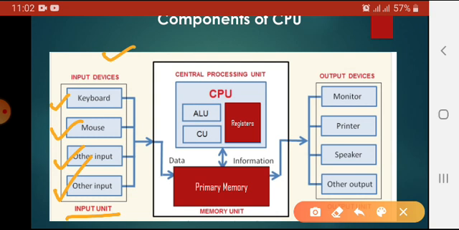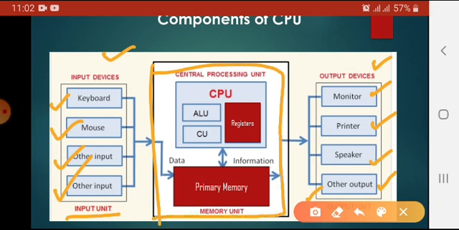On the other hand, we have some output devices, and these output devices are collectively known as the output unit. They may be monitor, printer, speaker, or any other device. Between input and output, there exists a CPU where the actual processing takes place.